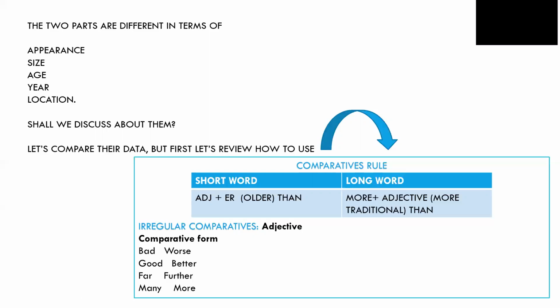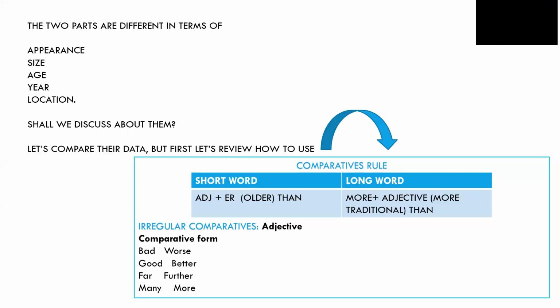Mostly, we have one big rule for comparatives. Short word, long word. Short word, how do we do it? Adjective plus ER. Old, older, than. Let me see if I can make a sentence for you.